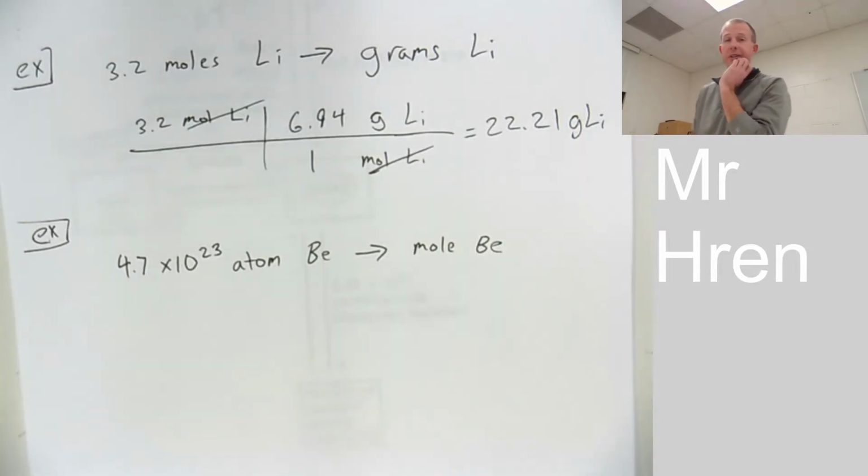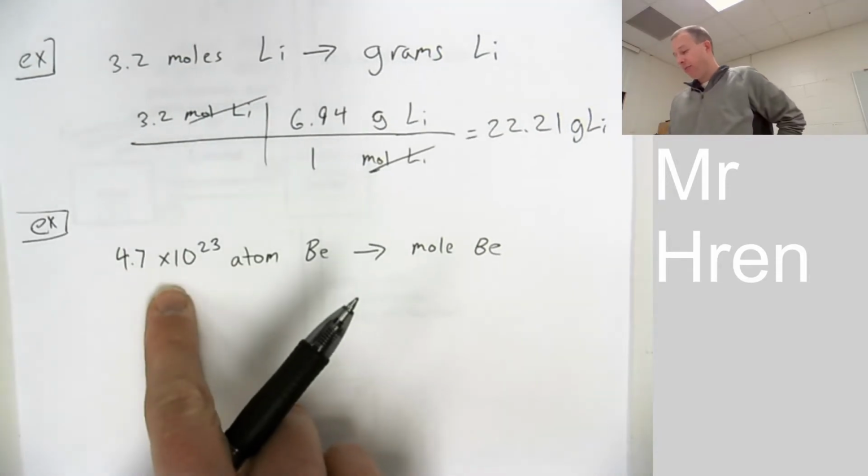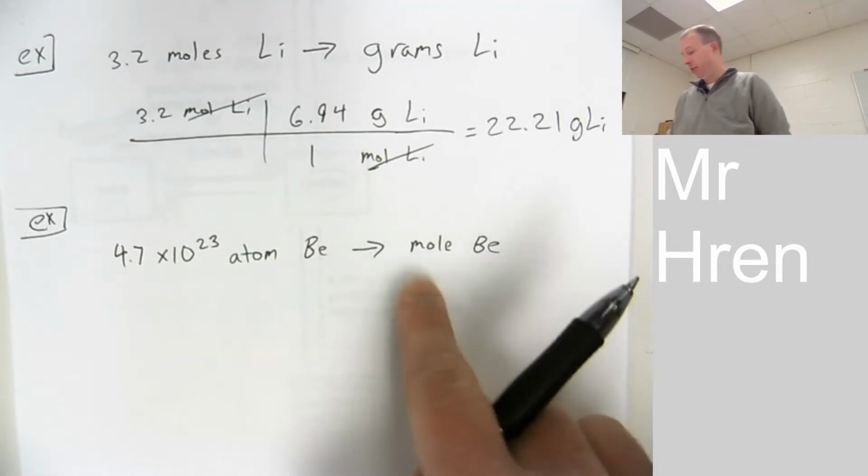This is something you're going to see now. What if you have 4.7 times 10 to the 23rd atoms of beryllium, and you're going to convert that to moles of beryllium?